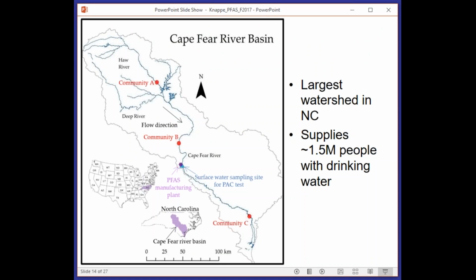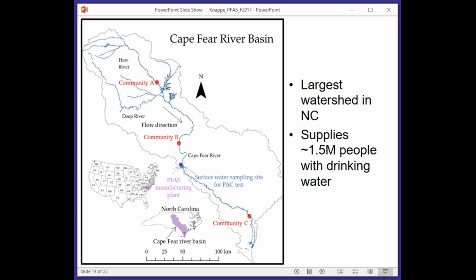So here's a little geography lesson. The US map shows North Carolina, and then the North Carolina map shows where the Cape Fear River Basin is located. The Cape Fear River Basin is the largest watershed that's entirely contained within the state of North Carolina, and it supplies about 1.5 million North Carolinians with drinking water.